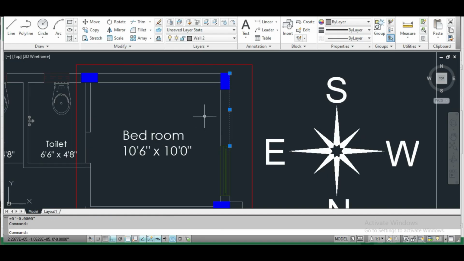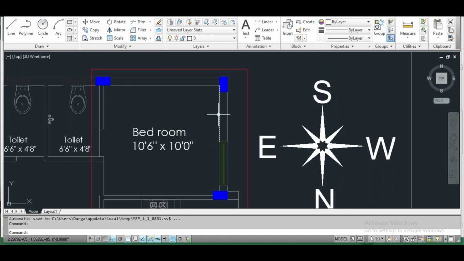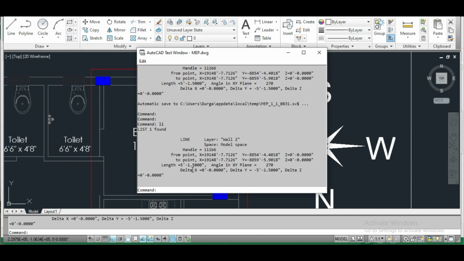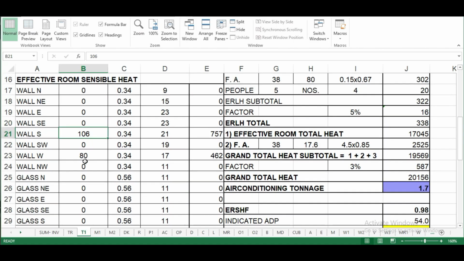Next we have wall west. As you see over here, this is the west side wall, and this is a brick wall, a solid wall. So we will take the length as 5 feet 1 inch, and the height, as we have considered over here, is 10 feet, so it comes to wall west 51 feet.